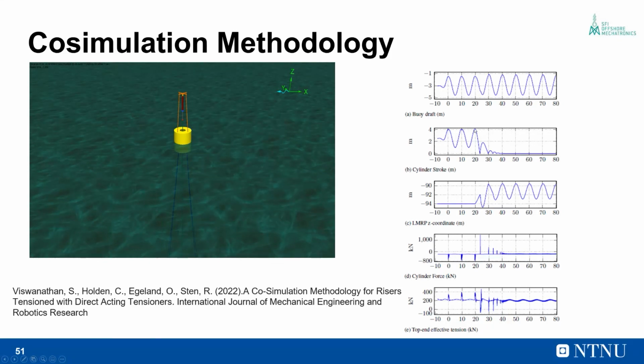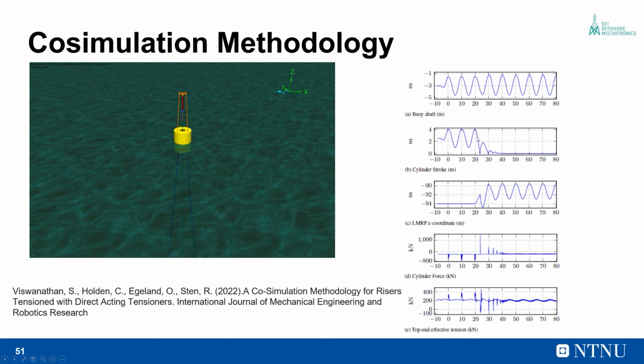As the riser is disconnected at 20 seconds, the stroke of the cylinder begins to reduce and it goes to 0. This means that the piston is now hitting the top end of the cylinder, and it rebounds a few times and then comes to rest at the 0 stroke. A corresponding response of the LMRP can be observed from the Orcaflex results.